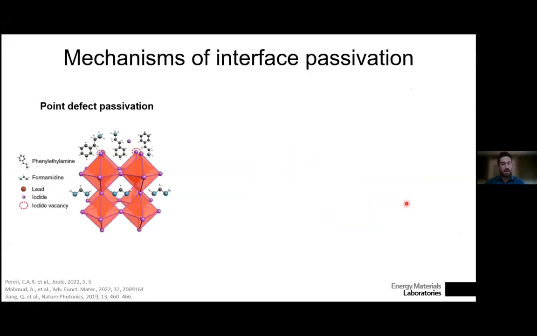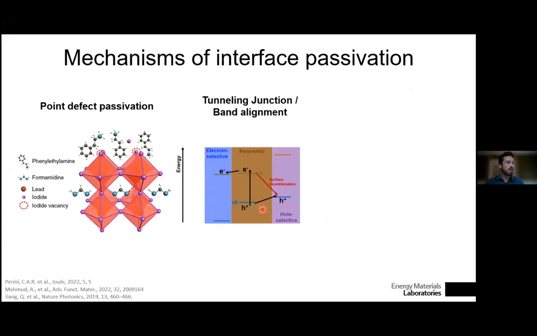Passivation can happen electronically in different ways. We can have interaction with vacancies, as an example, at the top surface. We also can have prevention of recombination across an interface. As an example, if we have an interface between perovskite and a charge transport layer which is non-ideal due to the presence of traps or a bad energy alignment, we could have the wrong type of carrier recombine across the interface and thus increase recombination.